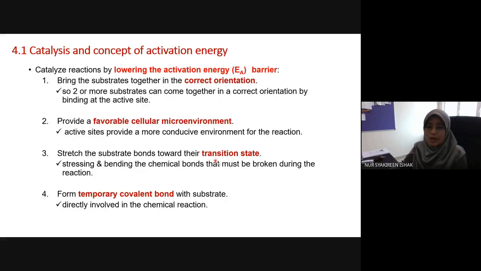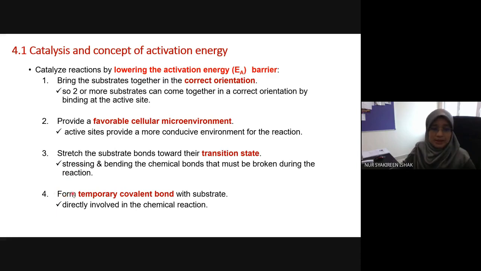What happens during this transition state? The bonds within the substrate will start to be broken, and new bonds will start to form. So that is the transition state. Before the substrate is converted into product, the substrate will enter into the transition state where the bonds will be broken to form new bonds.